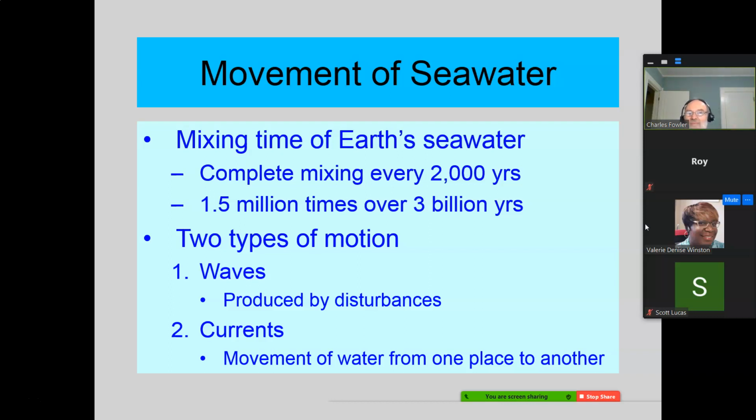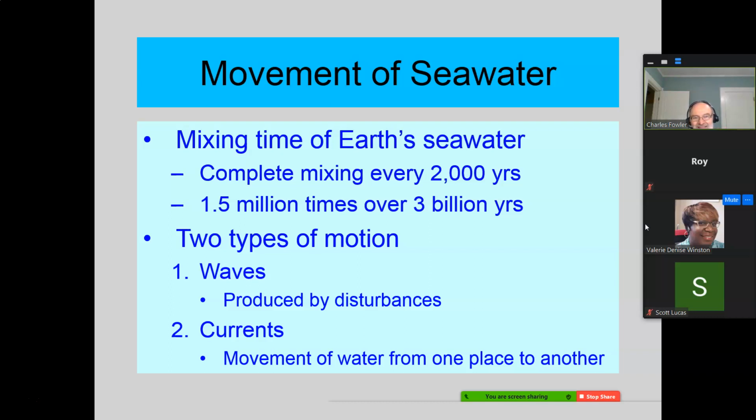There's been a complete mixing about every 2,000 years, which, when you figure the Earth has been pretty much the same shape it is now for about 3 billion years at least, means about 1.5 million complete mixings over those 3 billion years.